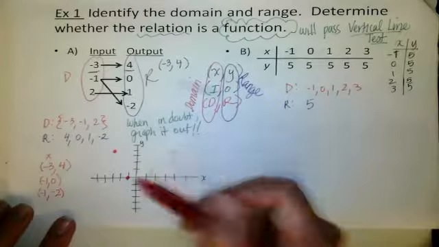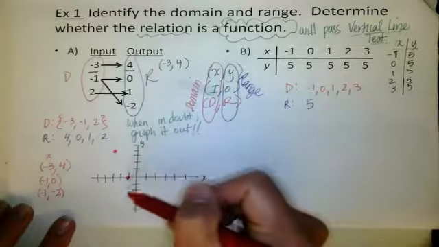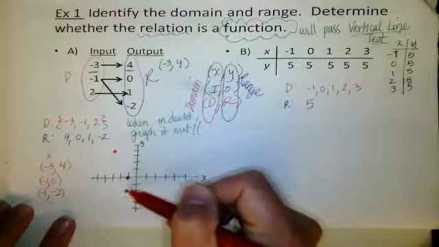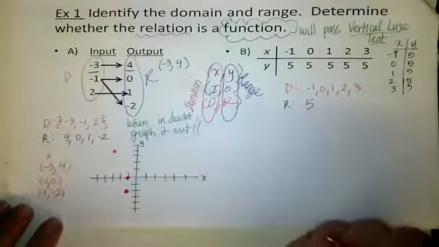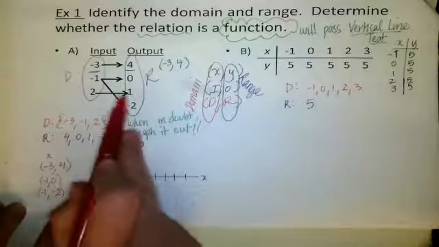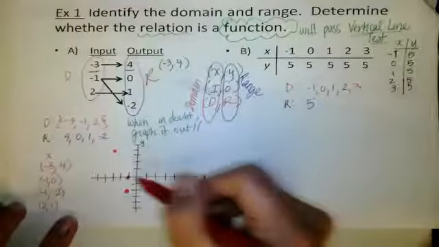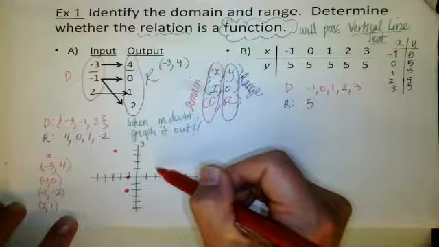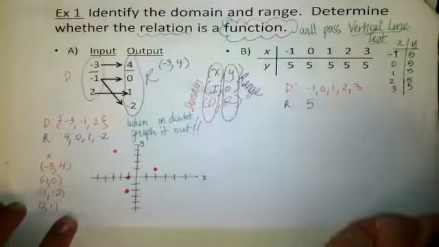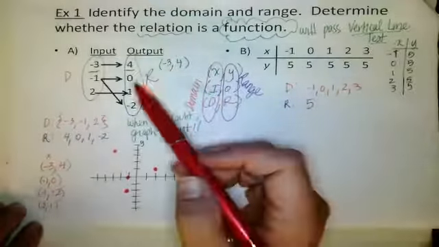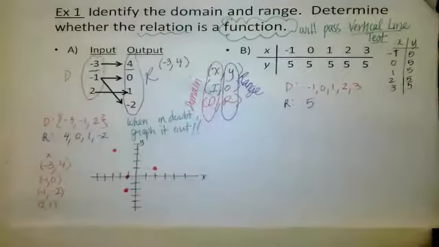So -1 on the x-axis and then down 2 to get the -2. Then I have 2, 1 for an ordered pair. 2 on the x, up 1 for the y. And that's it. Okay. So what do you notice about those ordered pairs, those relations?